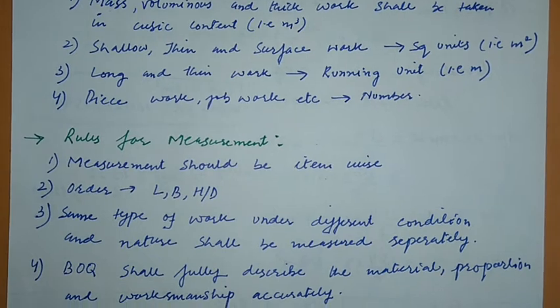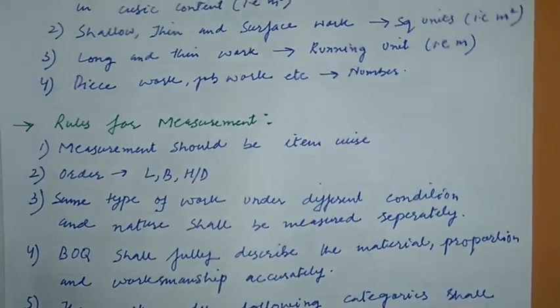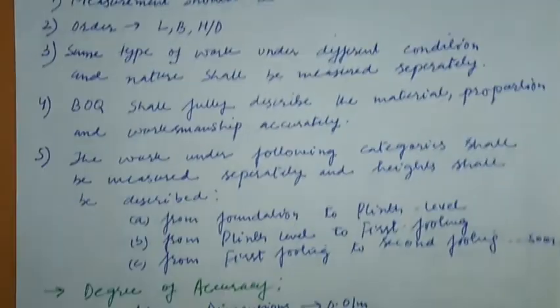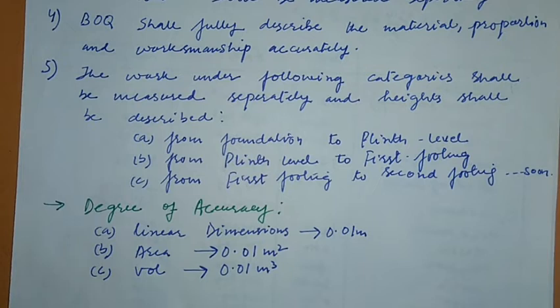Another thing which we need to understand is the degree of accuracy. What should be the degree of accuracy? So let me show you this. The degree of accuracy: if we are measuring the linear dimensions, it should be to the nearest 0.01 meter.